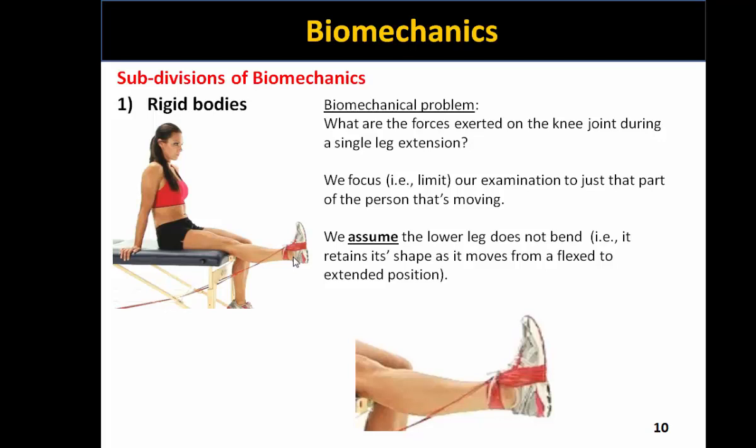Once again, we assume that the lower leg and the foot are not bending and not undergoing any type of deformation, so the shape of it is retained all the way through the movement. Instead of focusing on the entire person, we'll just zero in on the actual limb in question.